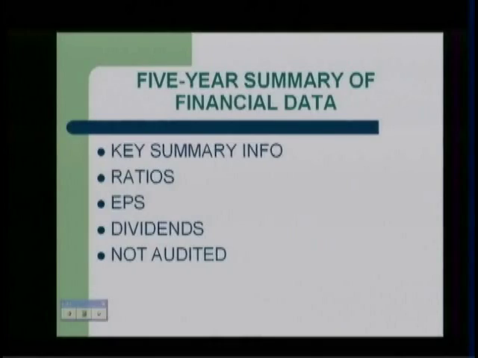One of the things you'll also notice in the annual report would be what we call a 5-year summary of financial data. In many firms, it's much longer than 5 years. It can be as many as 10 or 15 years. But at least 5 years will be shown, and it will report such things as total assets, total liabilities, their earnings per share, their dividends, key ratios like debt to equity ratio, current ratio, information that investors and creditors would like to have, and it makes their life a little easier to have it provided rather than having to compute it.